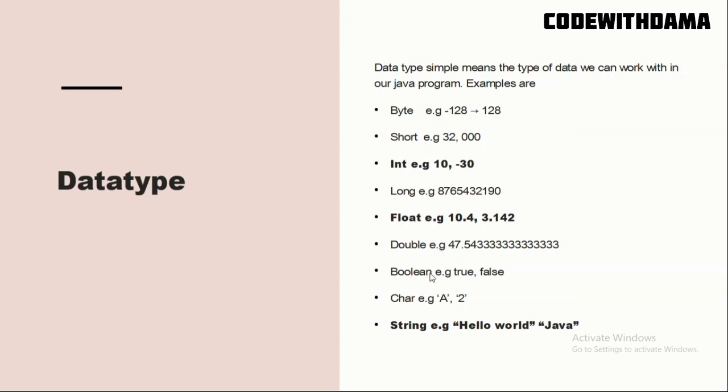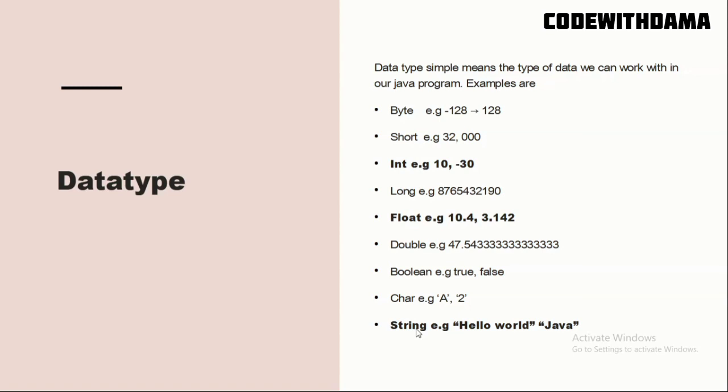And then we have the boolean, which is a true or false kind of data type. We have the char, or the character, which represents a single character, which can be either a letter, a special symbol, or even a number. And finally we have string, which is a collection of characters that are enclosed within quotes.